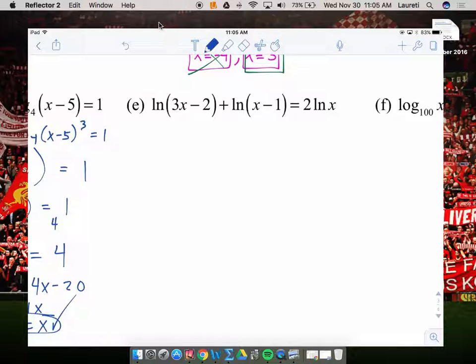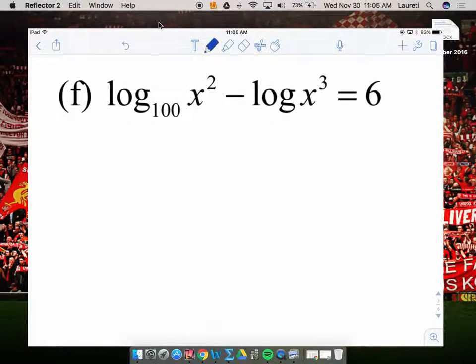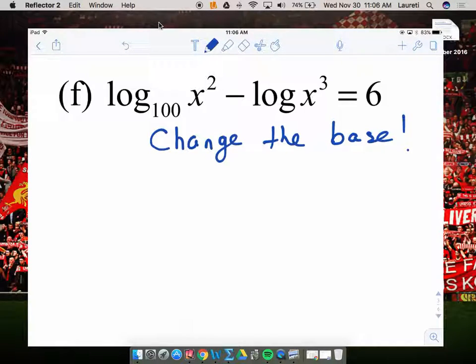And I'm going to skip E because we've kind of already done it. What are we going to run into here for letter F? Right, you got to change the base. I can't condense them down right now because they are two different bases. I have log base 10, and then I have log base 100. So in order for me to condense it, I got to change one.